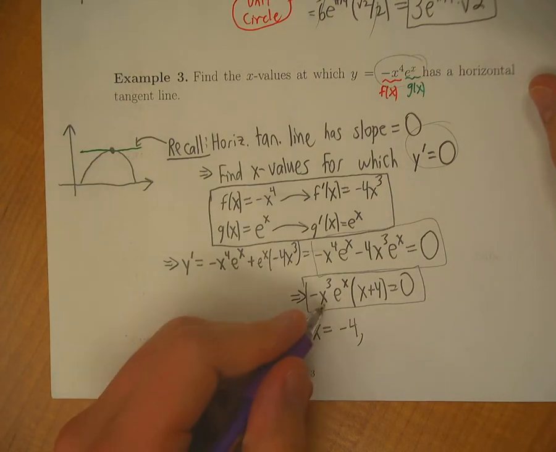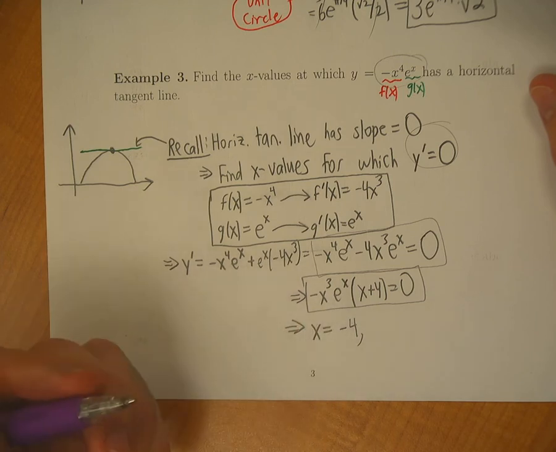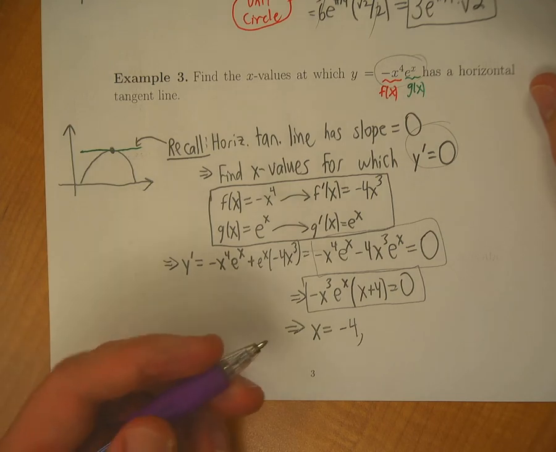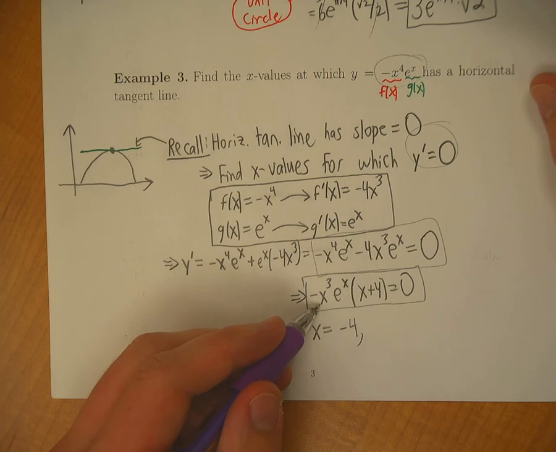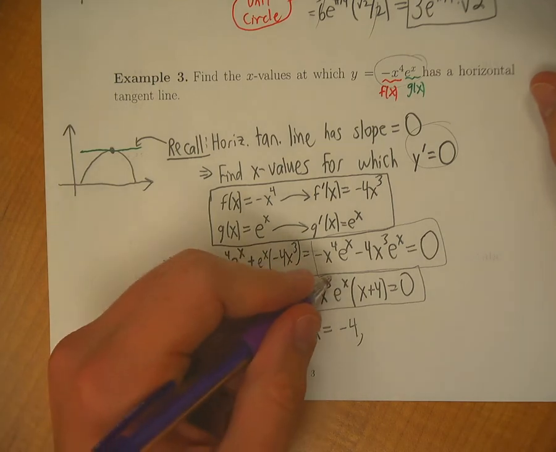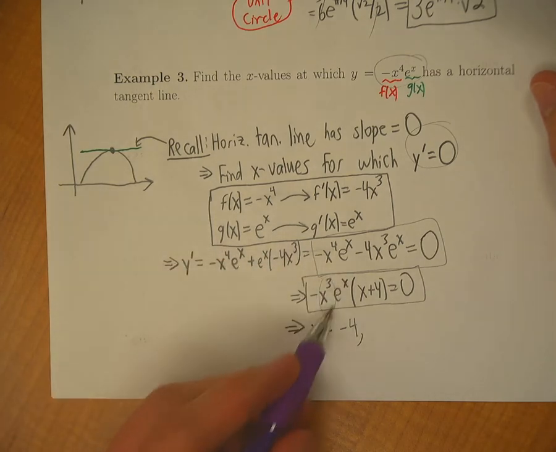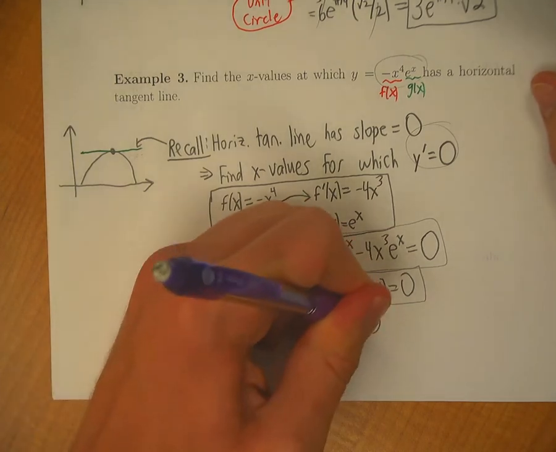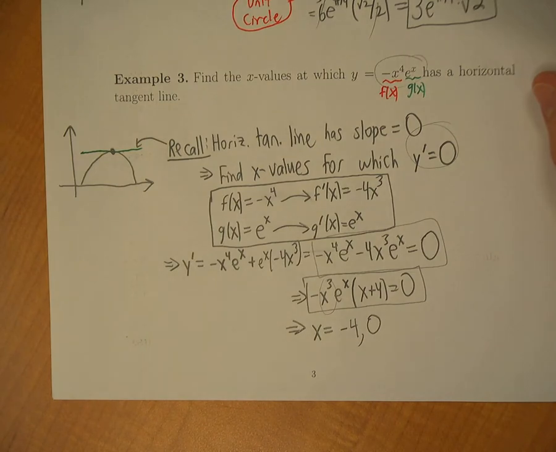Well, we have x cubed here, right? So what should that tell us about the second one? What happens if we let x equal 0 here? If we let x equal 0, then we just have 0 right away from x cubed. So that gives us another x value that gives the desired equality.